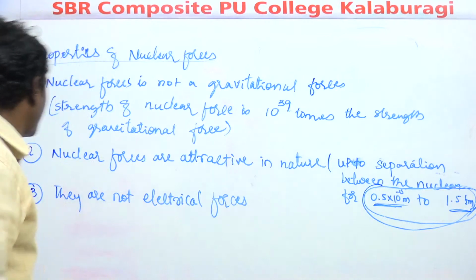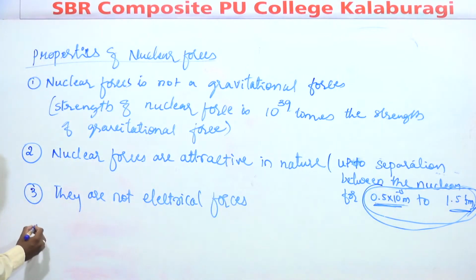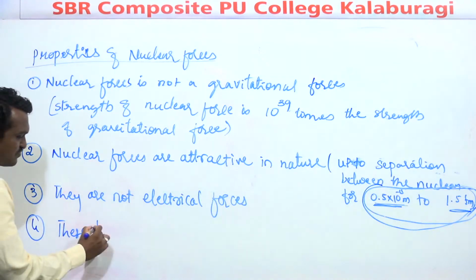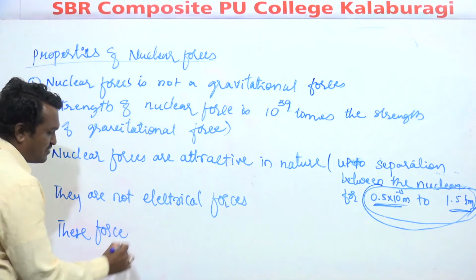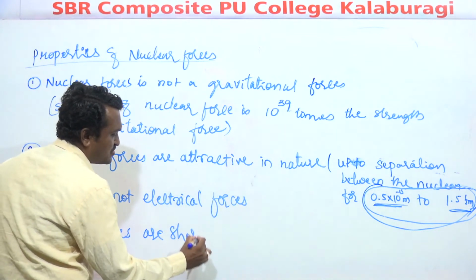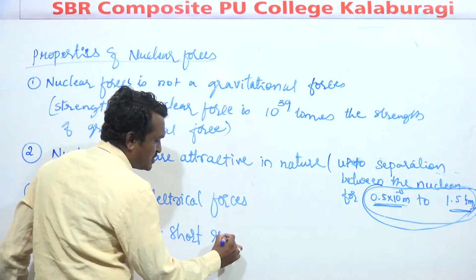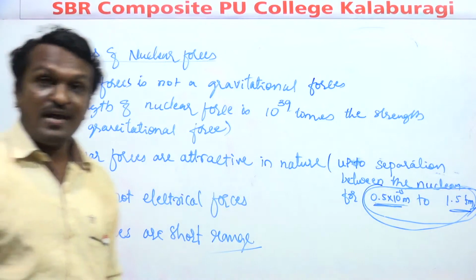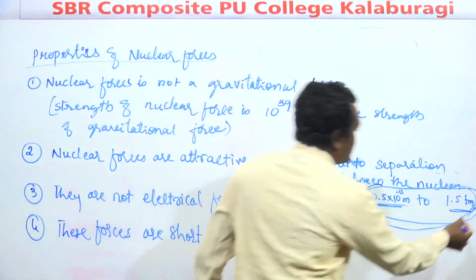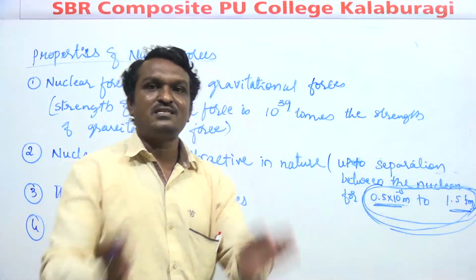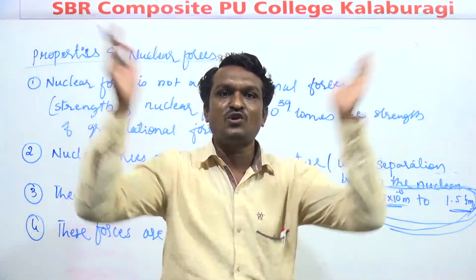The next property, the fourth one: these nuclear forces are short range. Why? Because we can observe these nuclear forces only in a certain region among the nucleons.